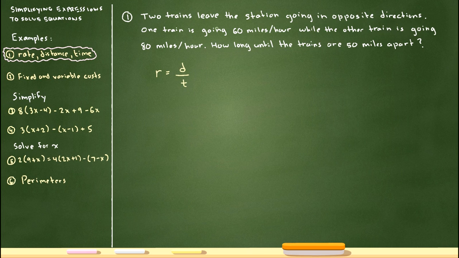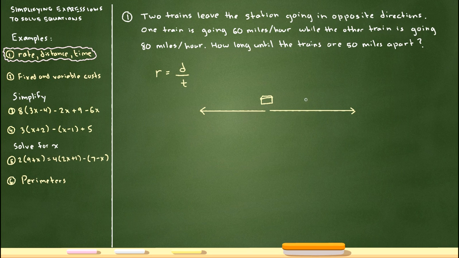Now, you may want to draw a picture. Let's say we have our station here, the train station. We have one train going one direction, and the other train going in the opposite direction. One train is going a little bit faster than the other.